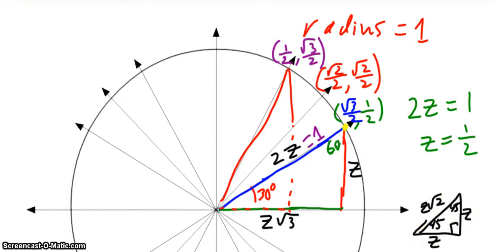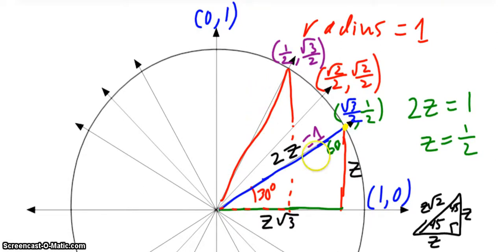Now don't forget we also want to label the coordinate angles, so this is going to be the point 1, 0, and this will be the point 0, 1. Now, once you have the first quadrant labeled, then the rest is easy, because all of the angles have the same reference angles as the first quadrant.